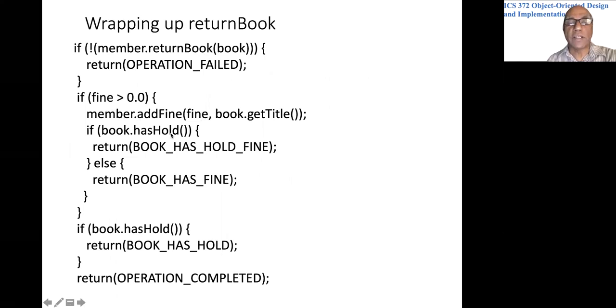And if the book has a hold, return that information that the book has hold and a fine. If the book doesn't have a hold, return the code book has fine. If the book has a hold, return book has hold, otherwise you return operation completed.